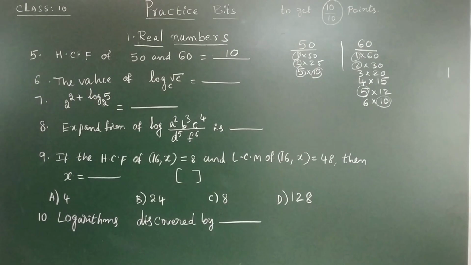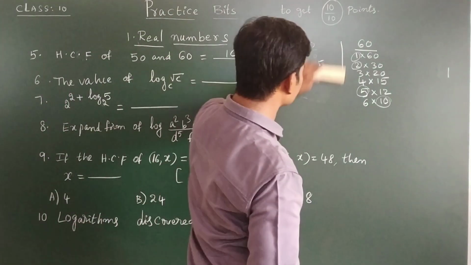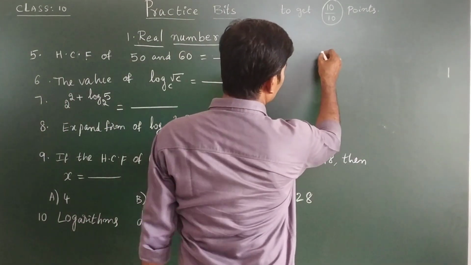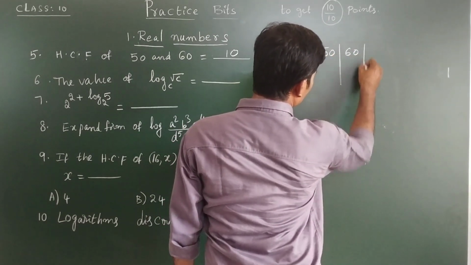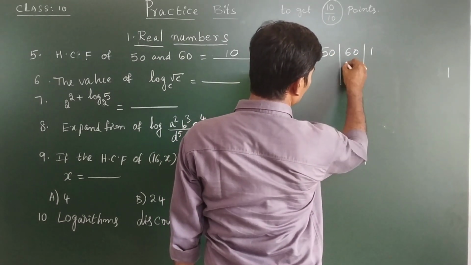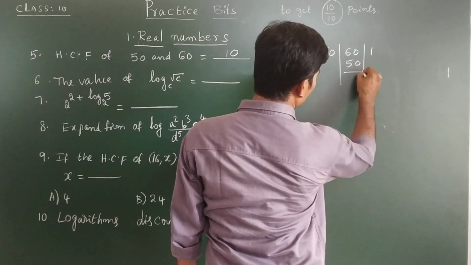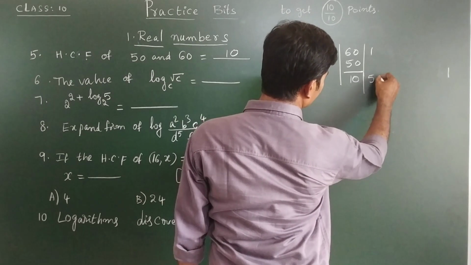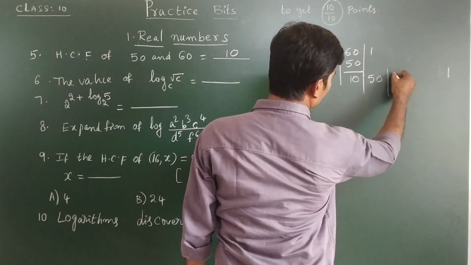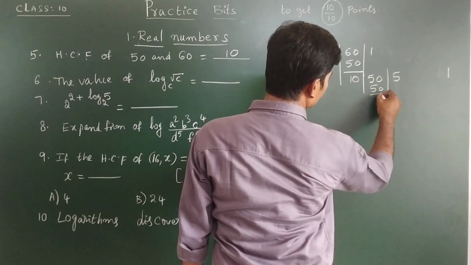This is the one way. You can do in other way also. Division method. Divide 60 by 50. 50 table in 60 one time. 1 50 is 50. So the remainder is 10. Again you keep 50 here. 10 5s are 50. So the remainder is 0.